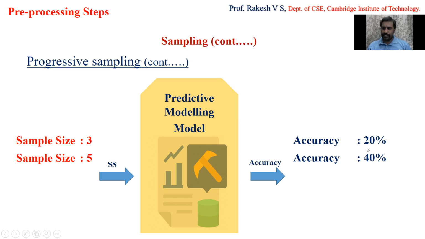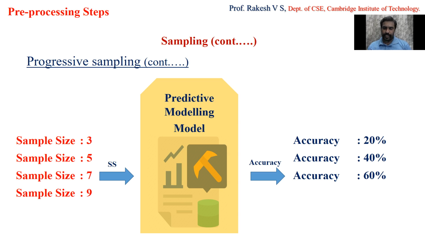So I increase the sample size by 2 units again, to 7, and check the accuracy. The accuracy is 60%, which again is a 20% hike. So I increase the sample size by another 2 units.